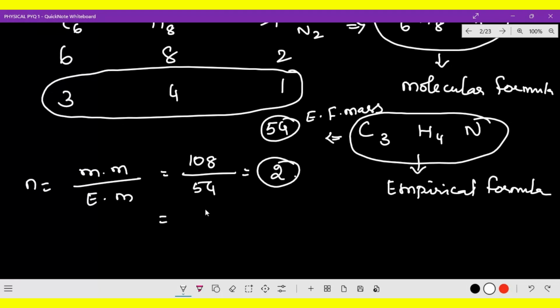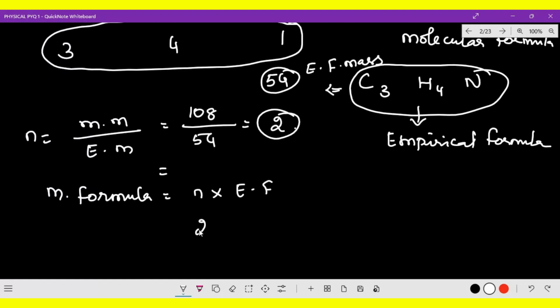Now the molecular formula. So here you will get n into the empirical formula. n is 2, into the empirical formula C3H4N1.